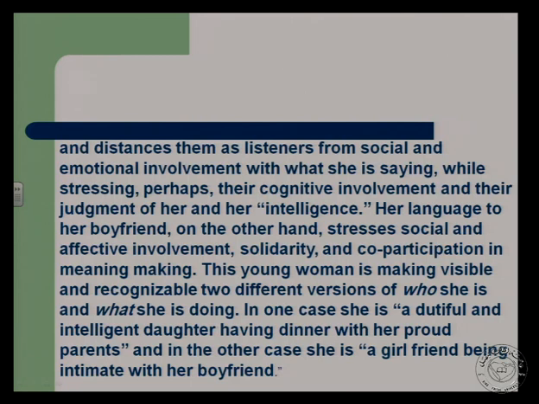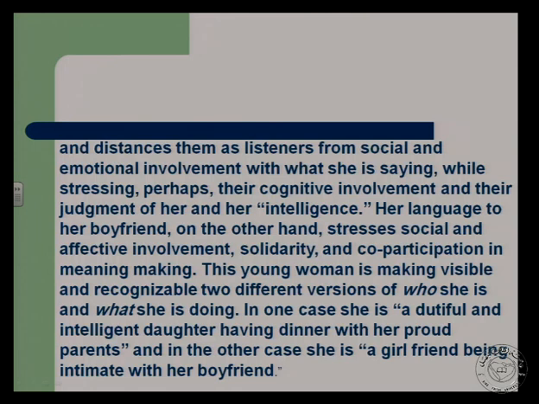Her language to her boyfriend, on the other hand, stresses social and affective involvement, solidarity, and co-participation in meaning making. This young woman is making visible and recognizable two different versions of who she is and what she is doing.